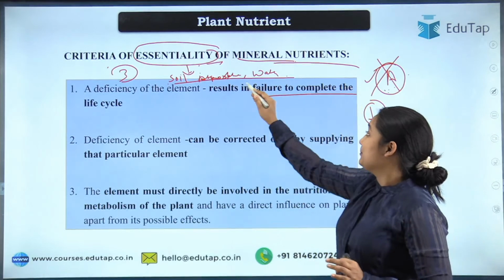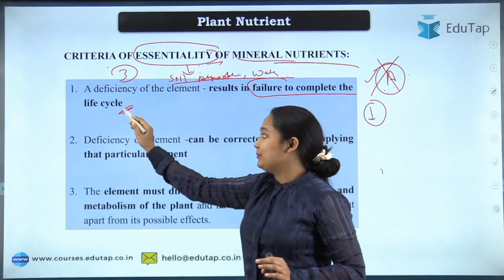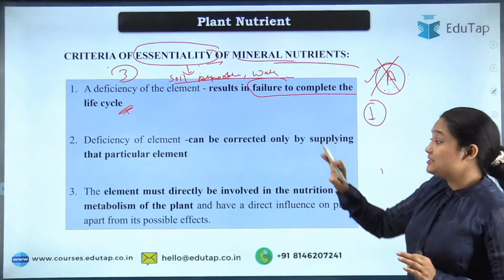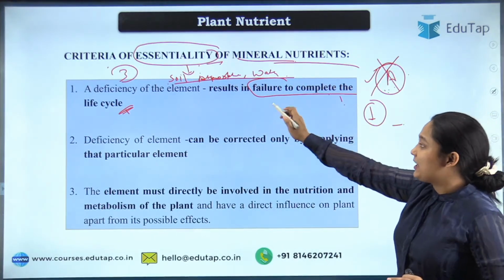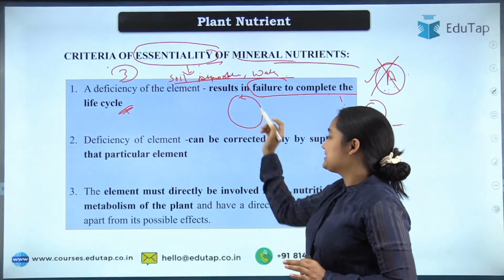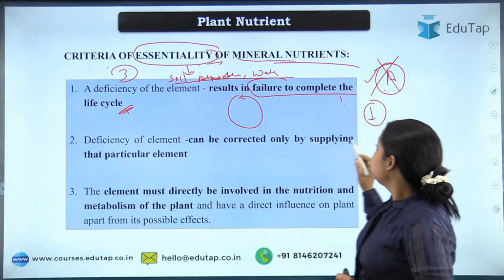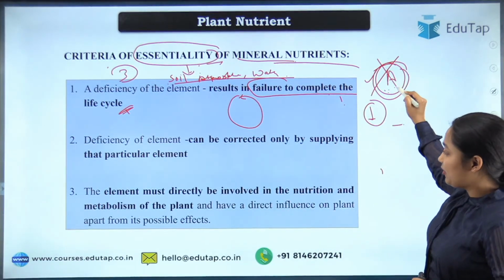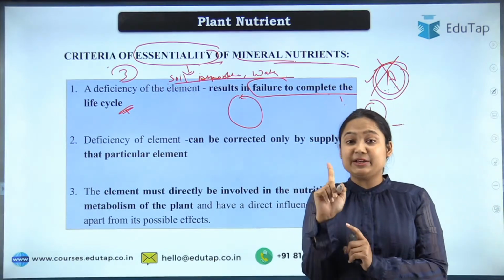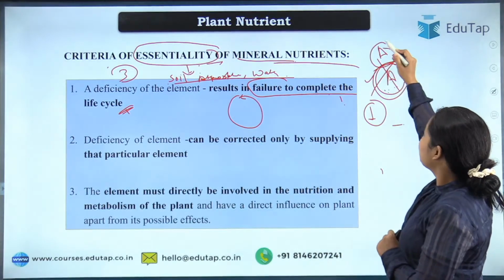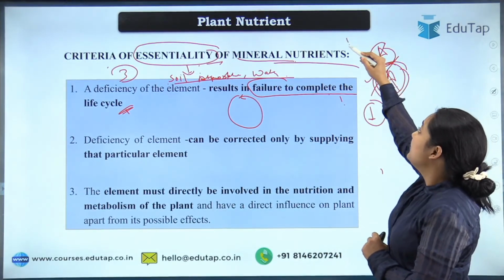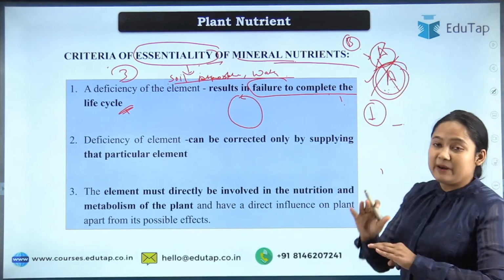It will result in the plant being unable to complete its life cycle. It means at some stage the plant will die, or some kind of failure will occur while the plant is trying to complete its life cycle. Then, the deficiency of nutrient A can only be corrected by nutrient A. It's not like, कि भाई कमी है तो plant is getting affected, but I added nutrient B, so the plant is okay.